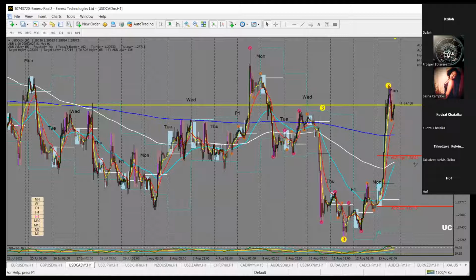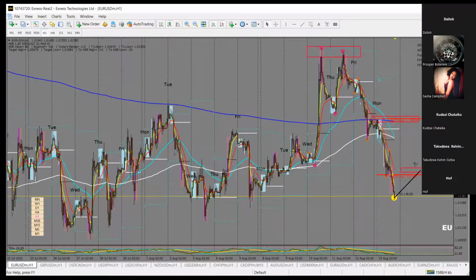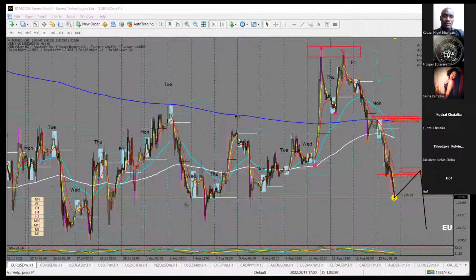Is there anyone with a different opinion on this one, or are we all agreeing? Okay, I'm assuming people are agreeing. So, this was the easiest. Like I was saying last week, I told you that the market is just consolidating, and what we are waiting for is a breakout.